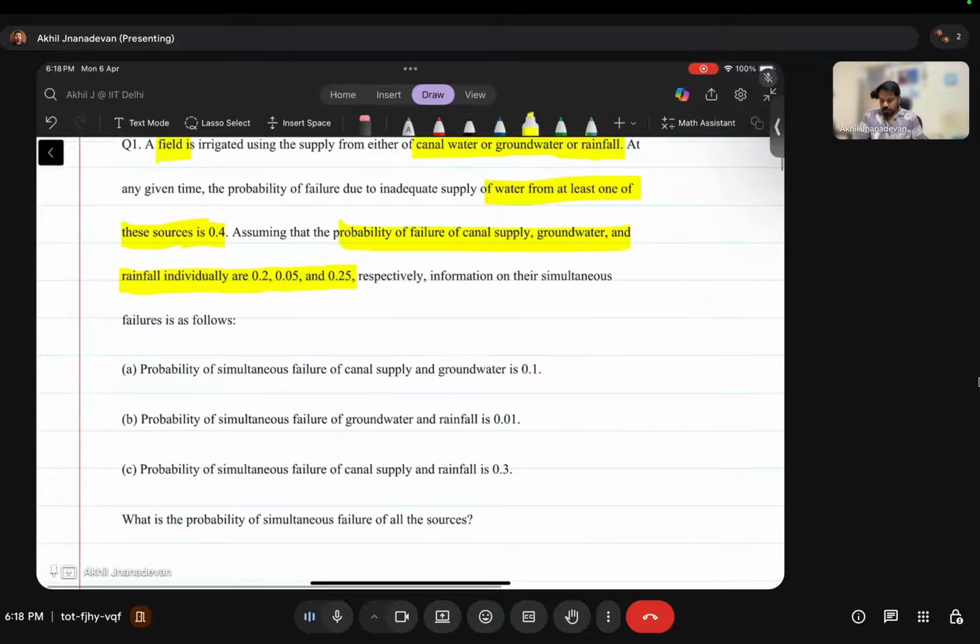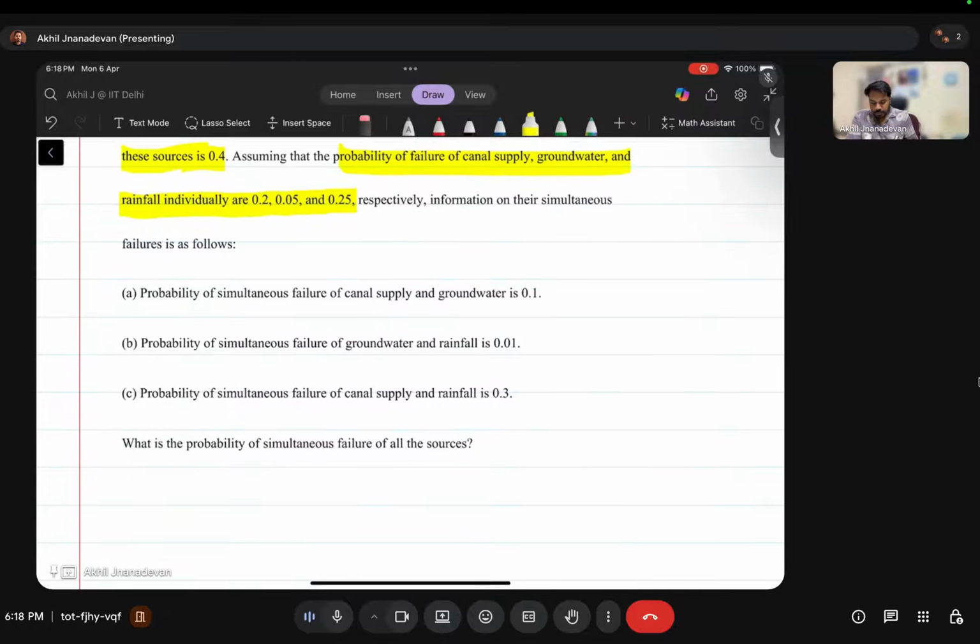The probability of simultaneous failure of canal water and groundwater is 0.1. The probability of failure of canal water and rainfall is 0.01. The probability of simultaneous failure of groundwater and rainfall is 0.3. Okay, so what is the probability of simultaneous failure of all the sources?